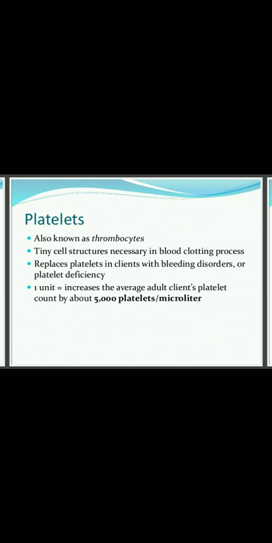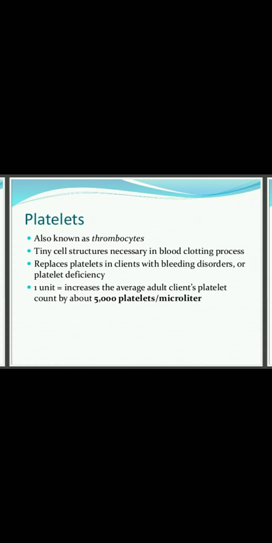These platelets are required in the process of blood clotting, to replace platelets in a client with a bleeding disorder or platelet deficiency. In some patients there is a platelet deficiency, and due to that deficiency the blood does not clot, and excessive blood loss occurs.